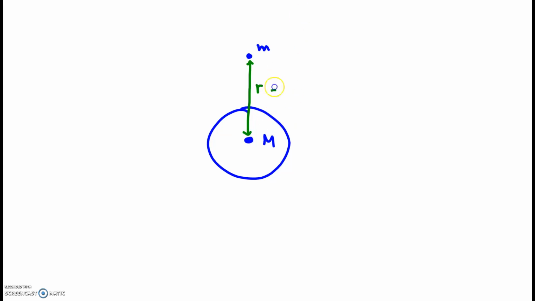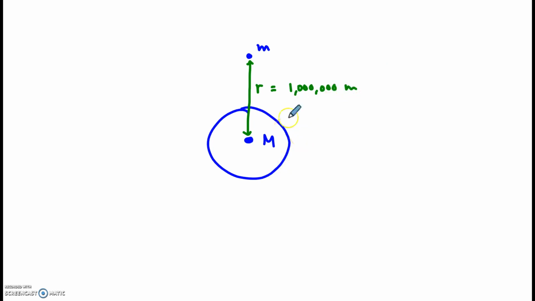What if we have a problem where here is the Earth with some mass big M, here is an object with a mass little m, and it is spaced some distance r from the center of the Earth. And maybe r is something like 1,000,000 meters.